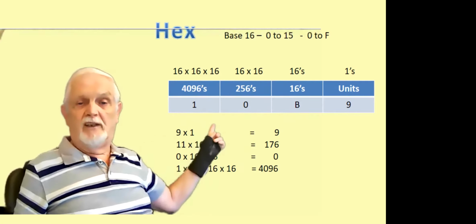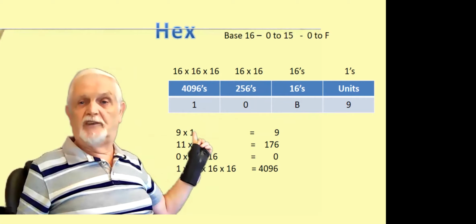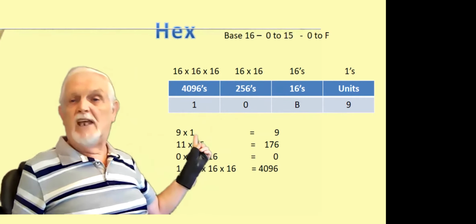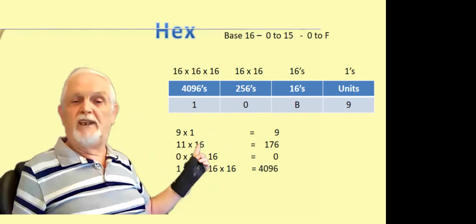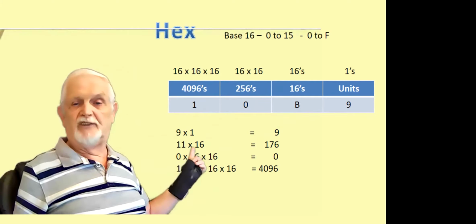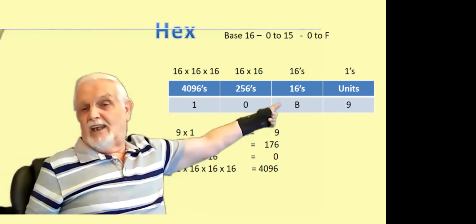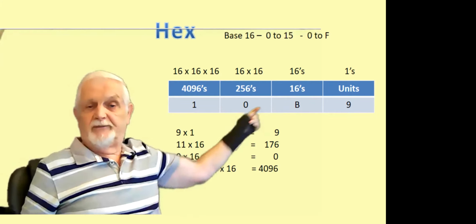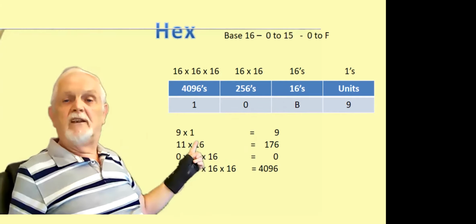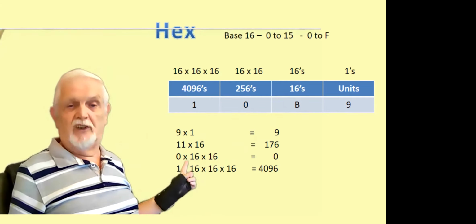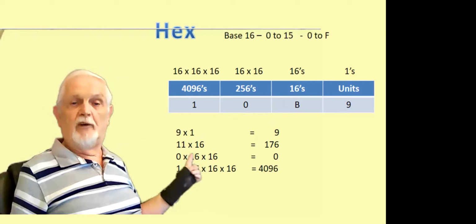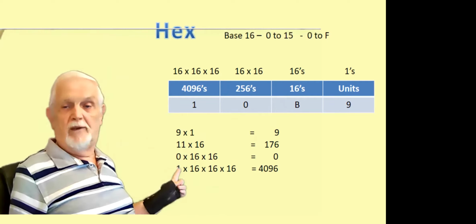10B9, it just means there are 9 single units. And then how many 16s are there? B, well, B means 11. So there's 11 lots of 16. So that this bit here actually means 176. How many 256s are there? Well, there's none. How many 4000s are there? 1.